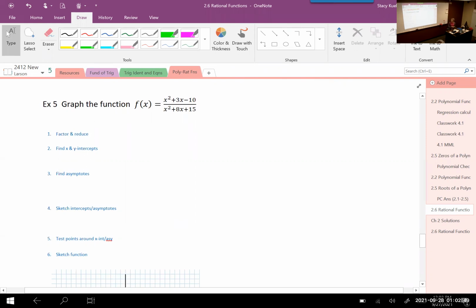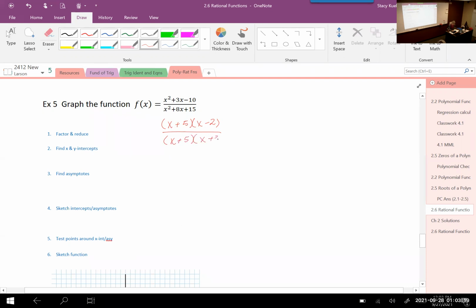I really don't know what the domain of this function is without trying to factor the denominator anyway, so it's probably a good idea for us to factor it as that's the first step. So for this function, the numerator factors into x plus 5, x minus 2. And the denominator factors into x plus 5, x plus 3.